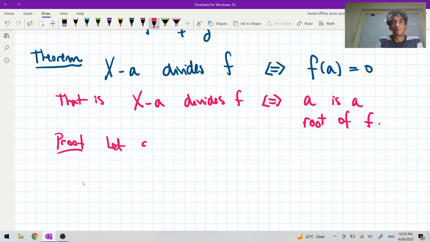Let g of x be x minus a, and this says that the degree of g is equal to 1.